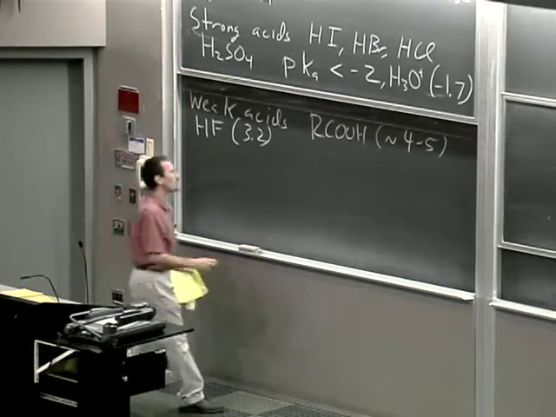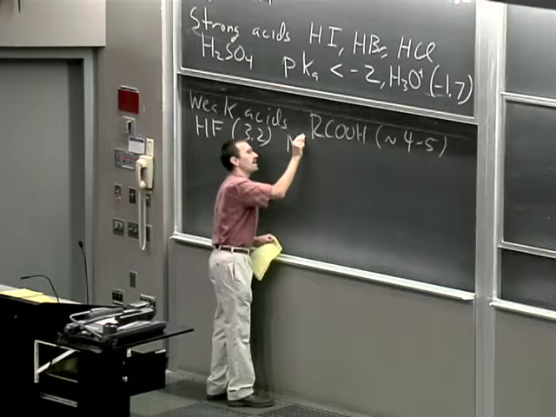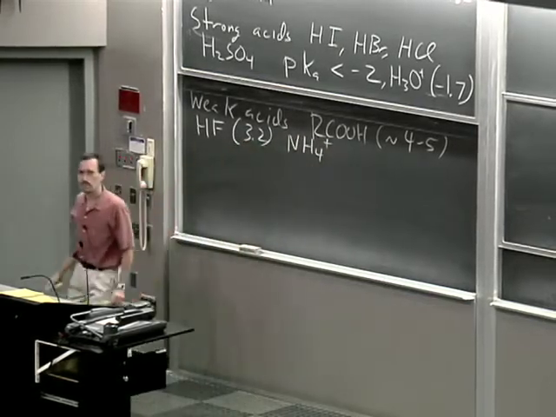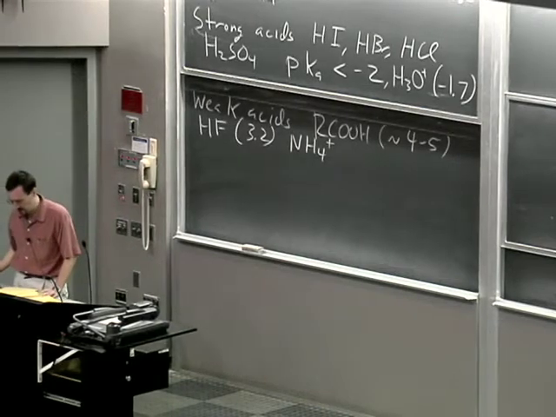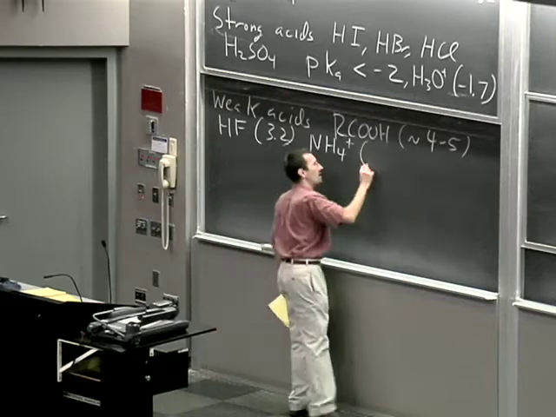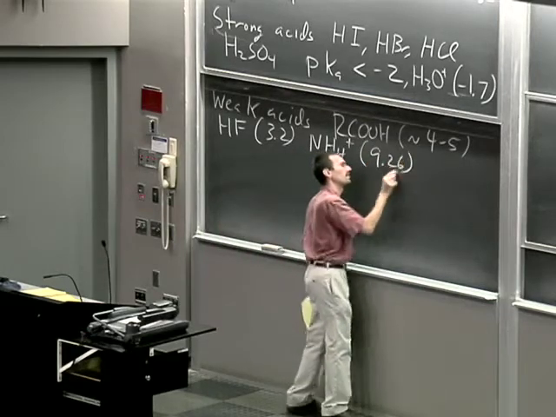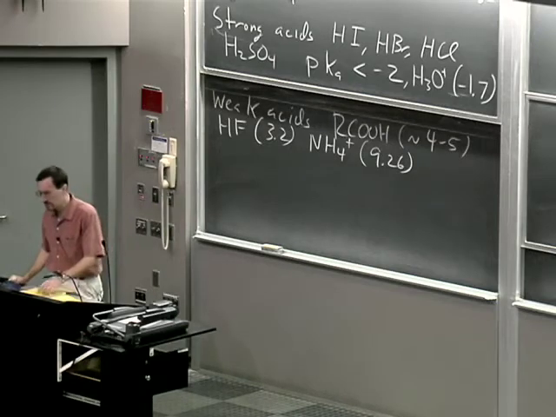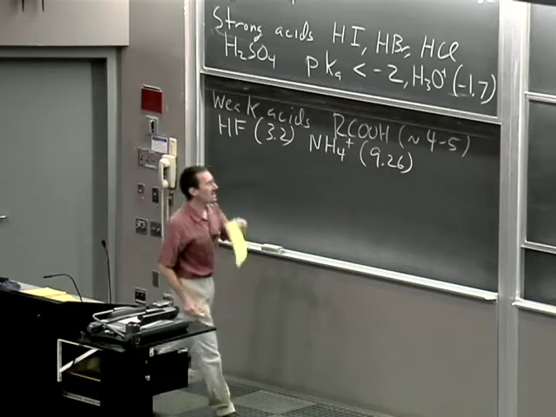Moving down in pKa, the ammonium ion, NH4+, which we used in our previous lecture for an example of equilibria, has a pKa of 9.26. And then, still weaker, water is amphoteric.